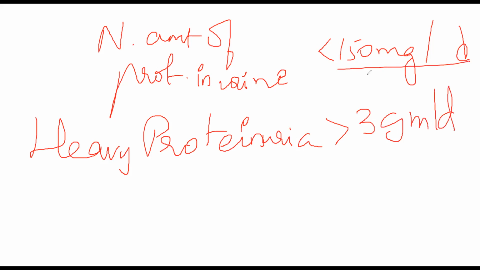Okay, be careful, this is 150 mg per day and this is 3 grams per day, so significantly higher. That is called heavy proteinuria. Heavy proteinuria will occur in kidney problems, severe kidney problems like nephrotic syndrome, or if the patient has diabetes mellitus, or they have renal vein thrombosis, or they have SLE, systemic lupus erythematosus. In all of those conditions, the patient will start excreting a lot of proteins in their urine, indicating that there is severe damage to your kidneys and to other cells in your body, because of which protein, a byproduct of cellular damage, is coming into your urine.